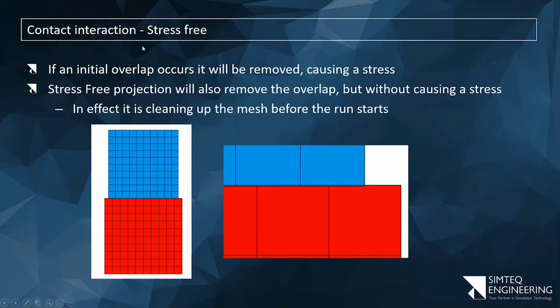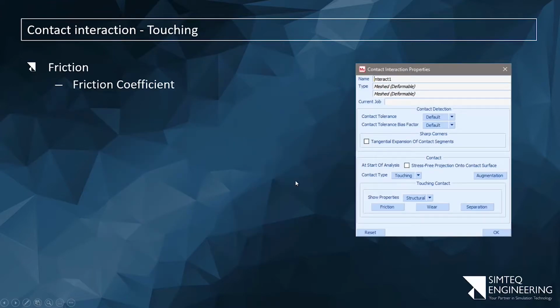So what the stress-free projection option will do is say, if there is an overlap like this, it'll move that node perfectly to where it should have been, but it defines the initial mesh as starting there instead of this little bit of an overlap. In other words, it's doing a bit of cleanup on the mesh before the run starts. So that new location is the actual initial location that you see in your model, or how it's treated.